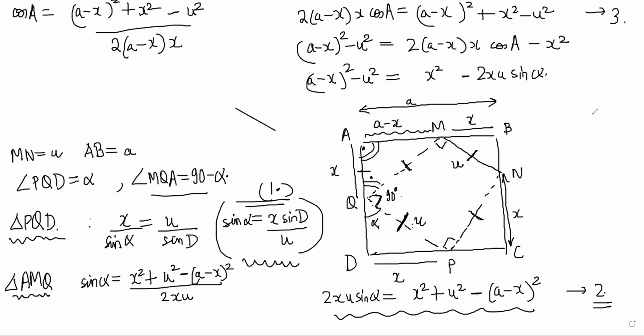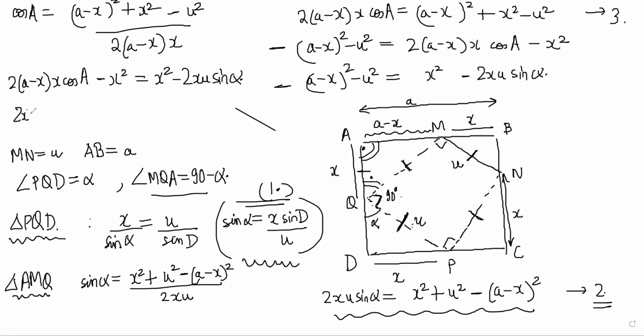So now we equate both of these terms, right? We are getting the same thing from 2 and the same thing from 3. We equate the left-hand sides of both. What we end up getting is 2(a − x)x cos A − x² = x² − 2xu sin α, right? Okay, so let's bring everything on one side.